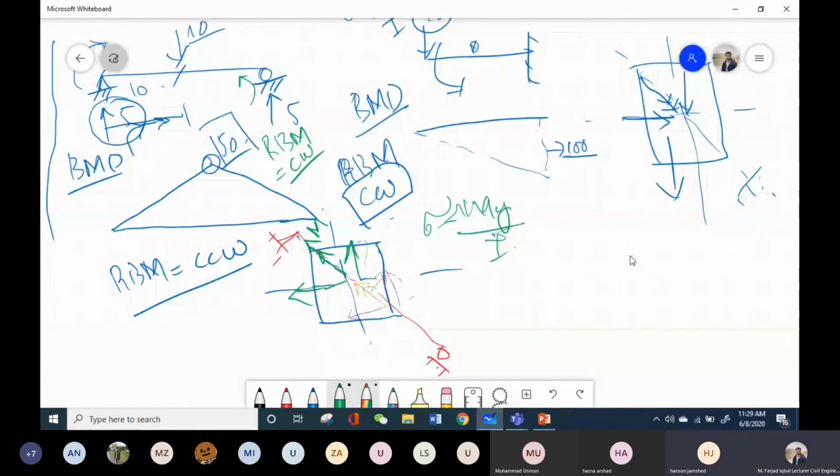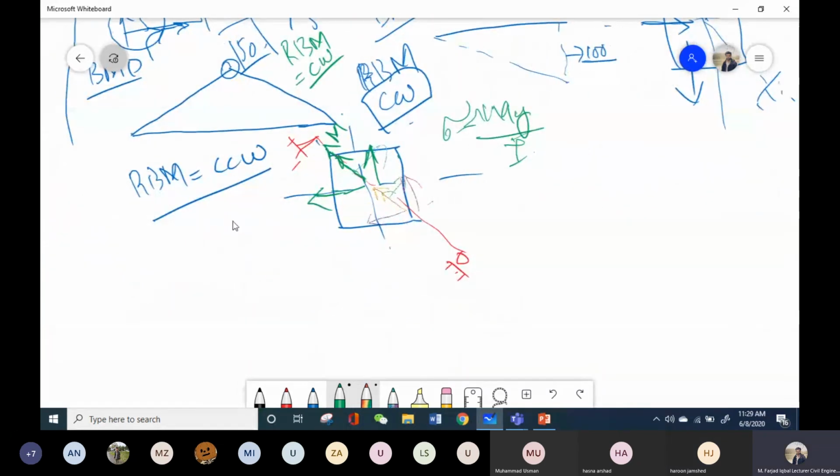Okay, let's suppose that in this cross section you will be provided with one cross section, right? So let's suppose this was the cross section that was provided to you, and in this cross section the direction of applied load will also be provided. Let's say the applied load was somewhere over here.